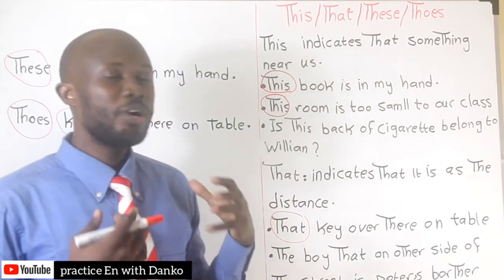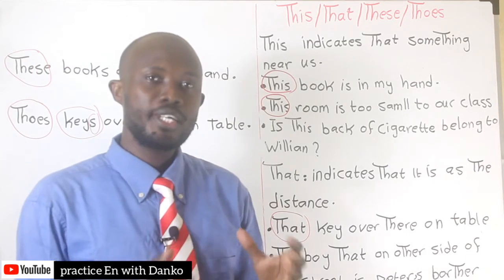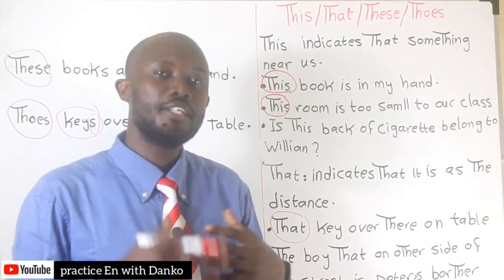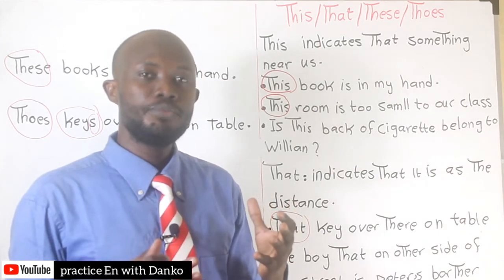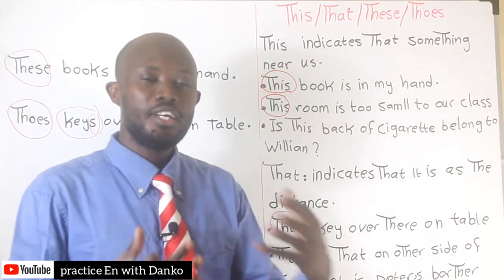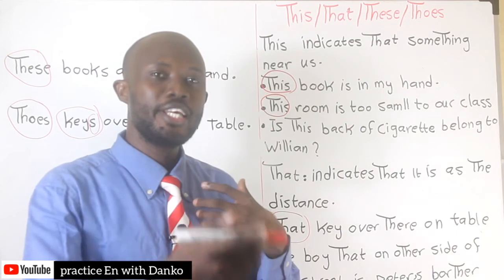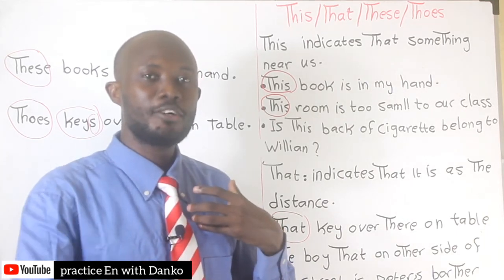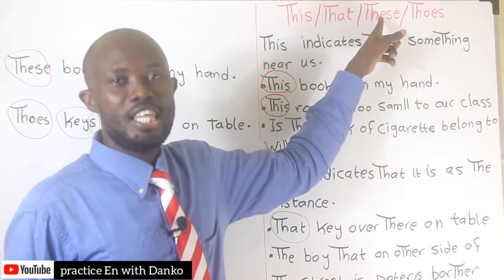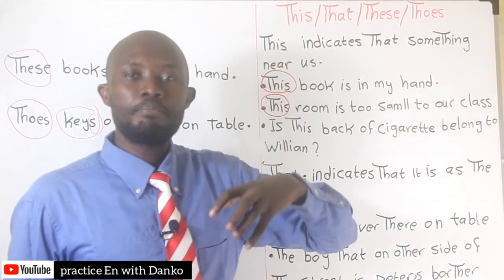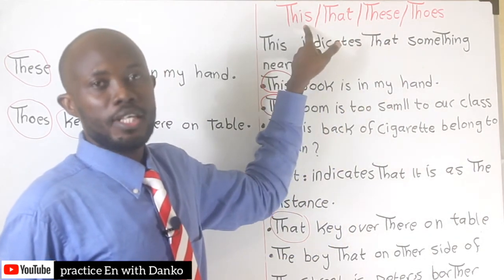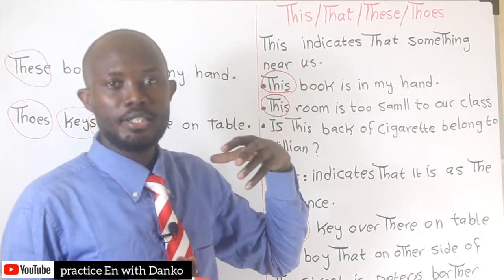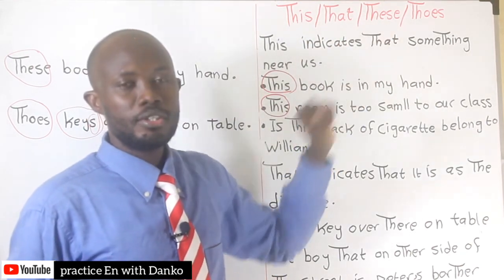Plural: if you want to indicate things more than two, when we say plural, that is 2, 3, 4, 5, more than two, but it is close to you, and you want to point to those things, please use these. And there's a different pronunciation in these and this. We must say this and these.